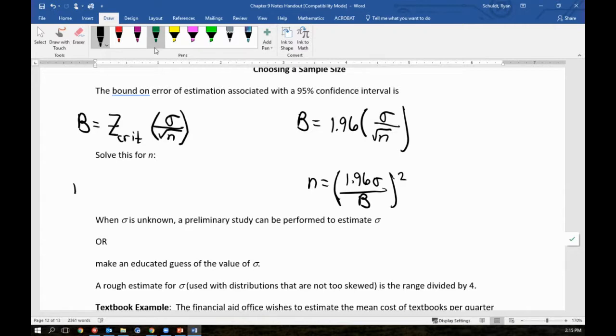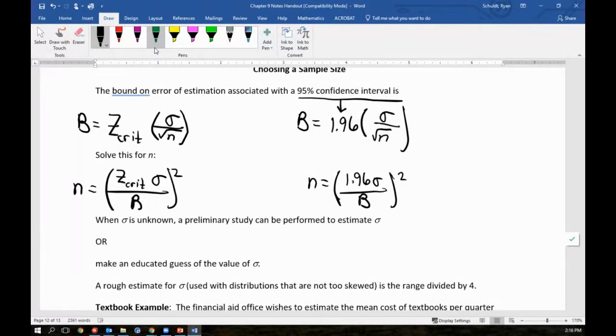Or if you want to generalize it, z critical times sigma over b all squared. So these two are generalized. This one is specific to the 95%. I'm going to underline that and put an arrow down there.